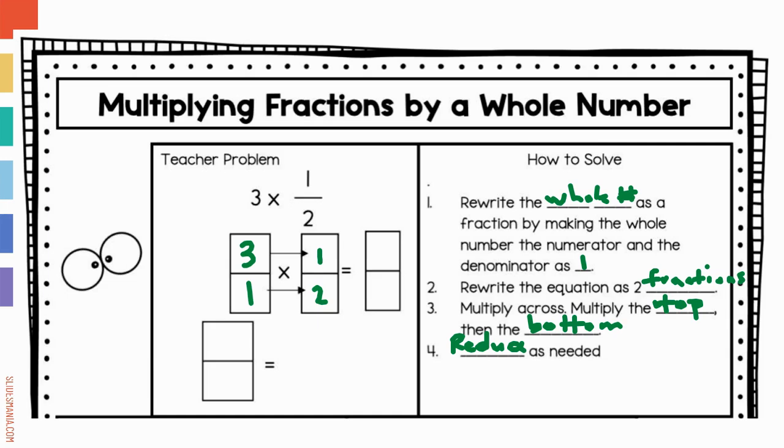So 3 times 1 is 3. And multiply the bottom. 1 times 2 is 2. And that's it. So our answer is 3 over 2. And we don't need to reduce anything because it's already reduced.